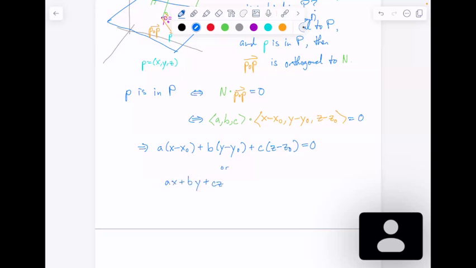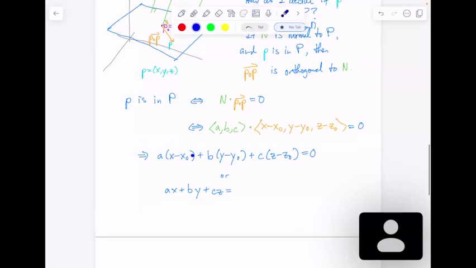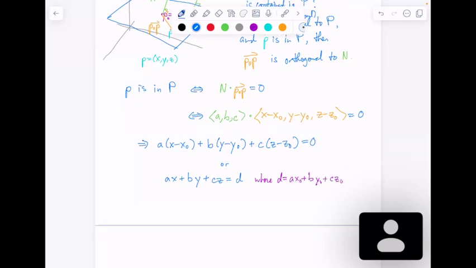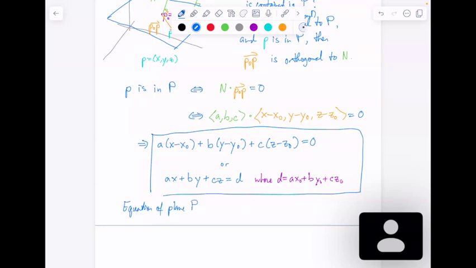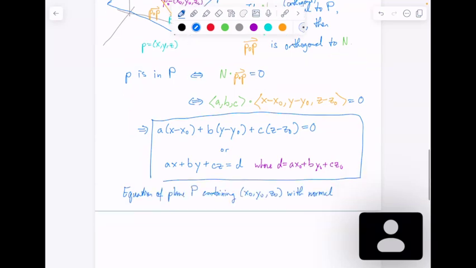If I group everything, these are constants now, right? a times x naught, b times y naught, c times z naught, and I move everything to the other side. Then I could write this as d, where d is equal to the following. Then you get the equation of this plane. This is the equation of the plane P that contains the point P0 with normal vector n.